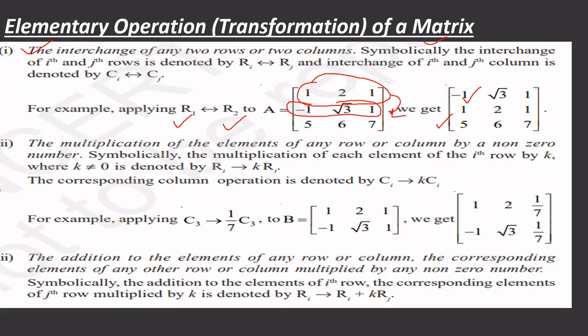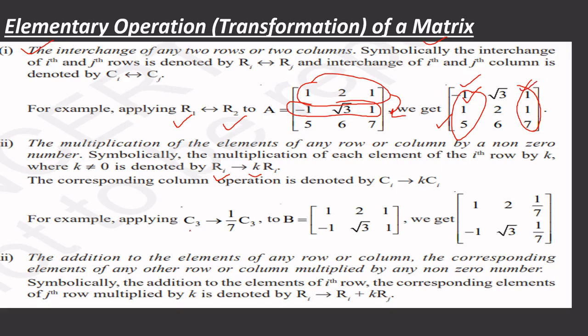Now we can multiply any column or row with a scalar quantity. Similarly, we can interchange the first column with the third column also. There is no problem in it.